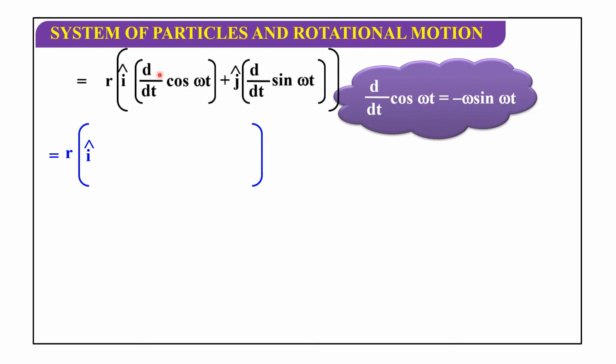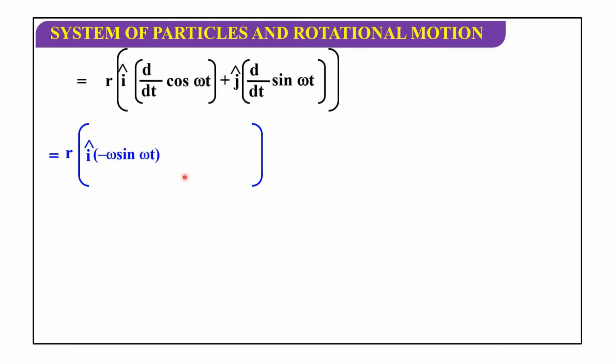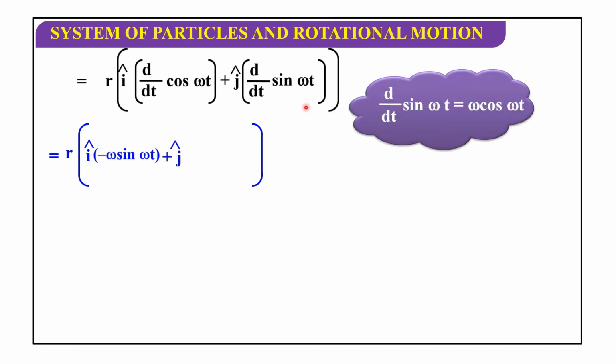So d by dt of cos omega t is minus omega sin omega t, and d by dt of sin omega t is omega cos omega t.